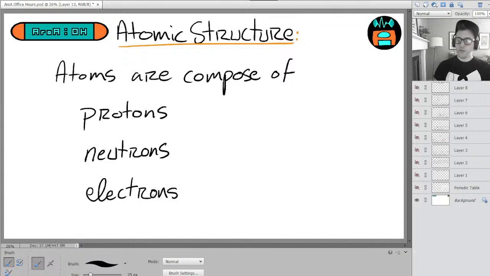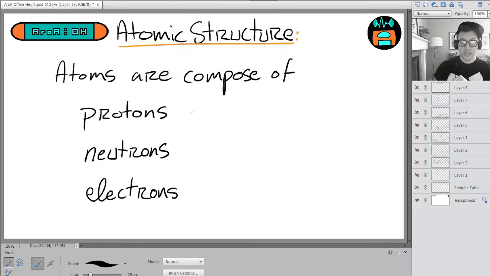All right. For those physics aficionados in the audience, you may be going like, well, what about quarks? What about neutrinos? There's a bunch of other subatomic particles, and there are, but that's a different class. That's particle physics. This is chemistry. So the subatomic particles that we are concerned with as chemists are protons, neutrons, and electrons.